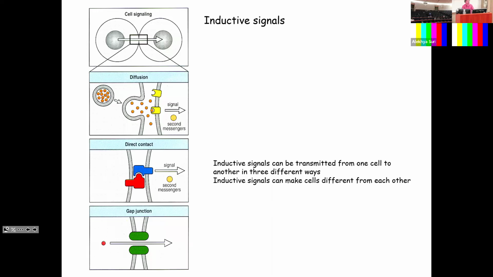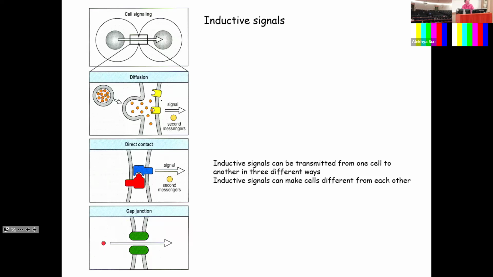The induction could be via direct contact. Here we have a receptor, a ligand, and a signal that gives rise to second messengers. And then diffusion here.